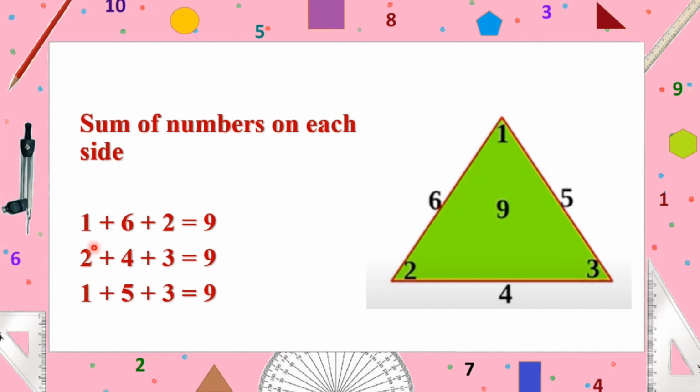So the sum is 1 plus 6 plus 2 is equal to 9. 2 plus 4 plus 3 is equal to 9. And on the third side, 1 plus 5 plus 3 is equal to 9. That means the sum of numbers on all the sides are same.